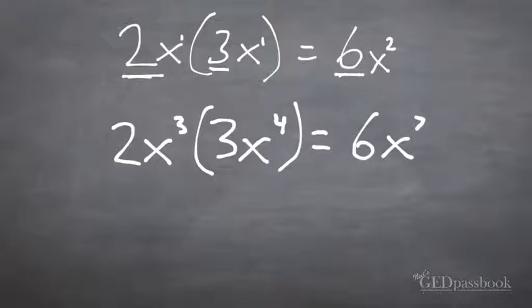Yeah. Okay, how come nobody here said, wait a minute, those are not like terms? So, the thing is, this is correct. You are correct. But the majority of the times when I give this example, students say, you can't do anything. 2x cubed times 3x to the power of 4 cannot be done because they are not like terms.